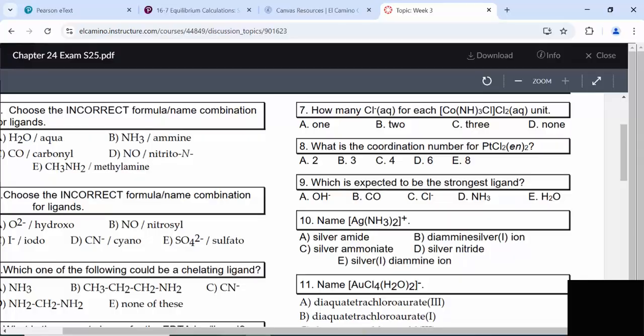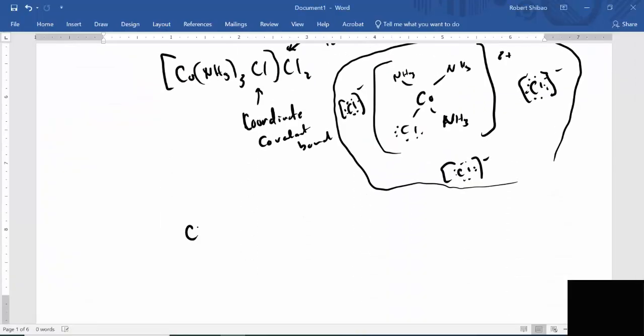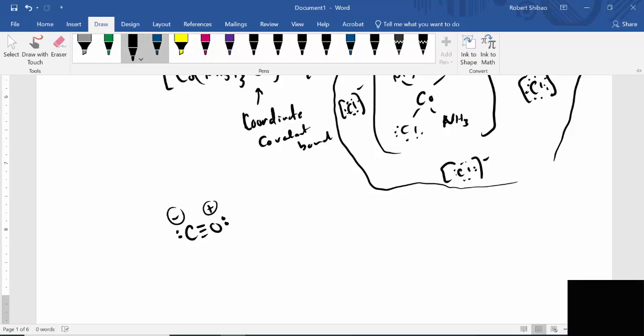What makes carbon monoxide so nasty? Well, we talked about this. Remember, carbon monoxide has a very unusual Lewis structure, where the oxygen is actually positive and the carbon's negative. Negative, what color does negative get in the electrostatic potential map?